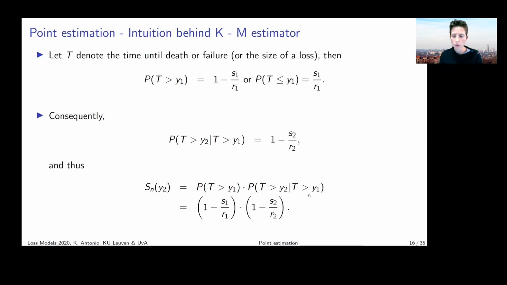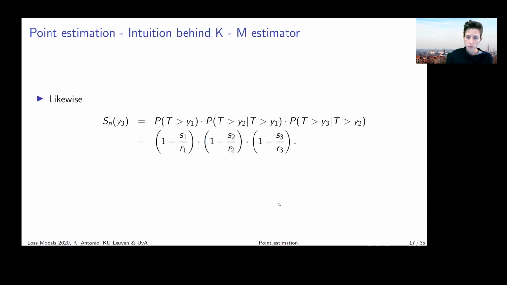If you use the expressions for conditional probabilities and work out this conditional probability, you get the probability that T is strictly larger than Y2 divided by the probability that T is strictly larger than Y1. That probability cancels out in the numerator and the denominator. So we're left with the unconditional probability that T is strictly larger than Y2, and we can see that as a product of these conditional survival probabilities.